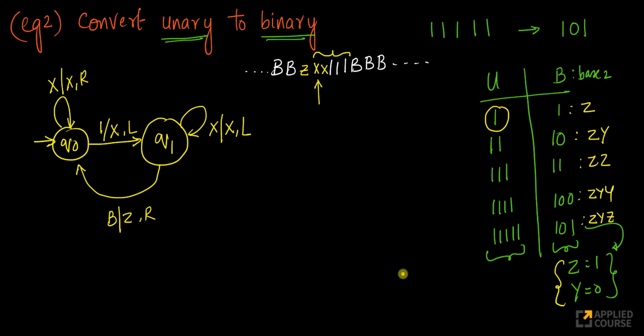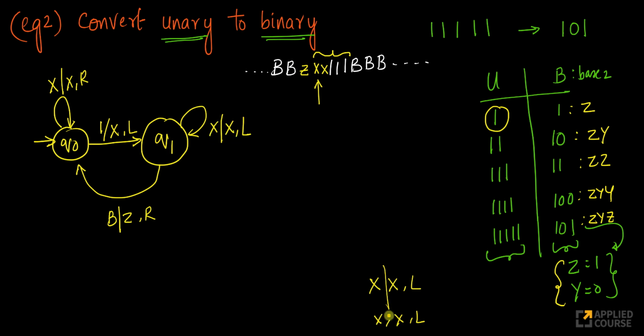Again, some people write these transitions differently. I'm writing this transition as follows: replace this X with X and move left. This is how I'm writing it because this is easier to read. Some people also write this as the triplet X, X, L. Depending on which book or which articles you're following, this representation might change.